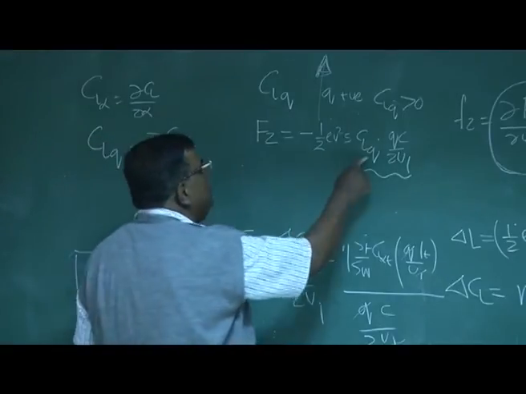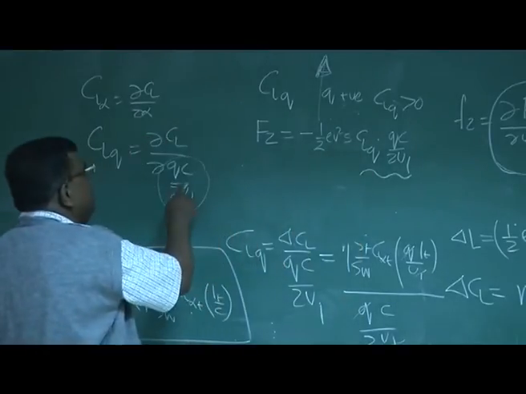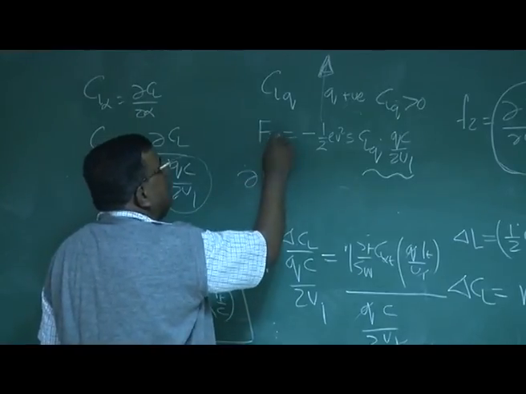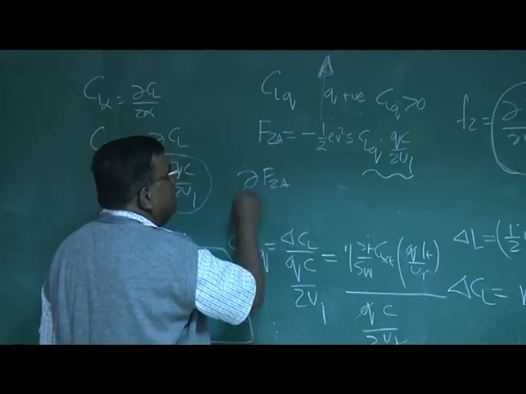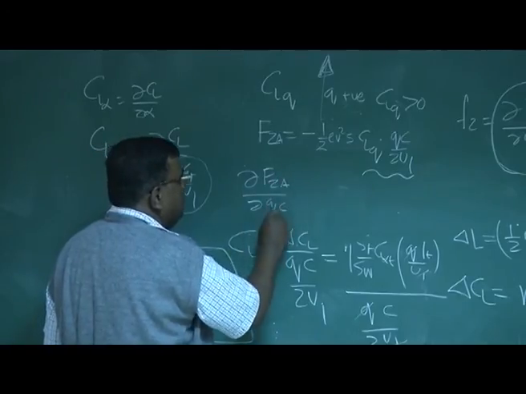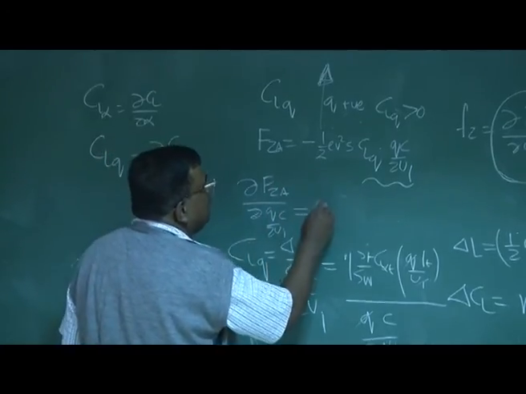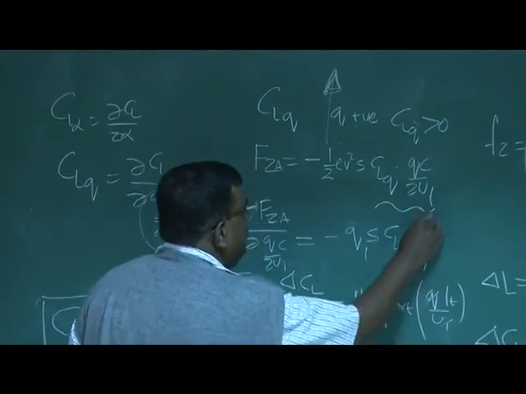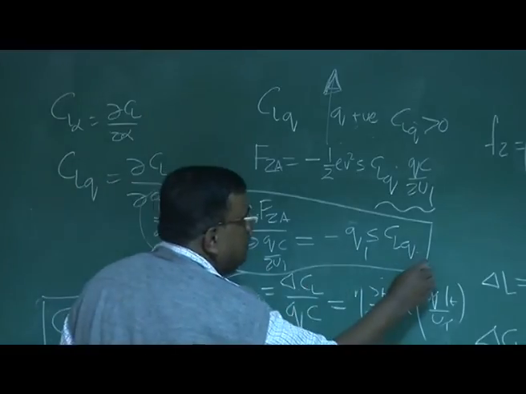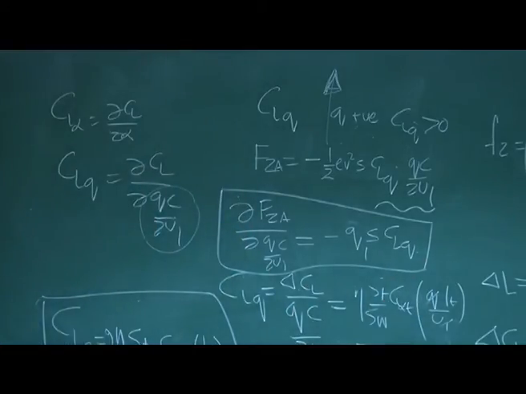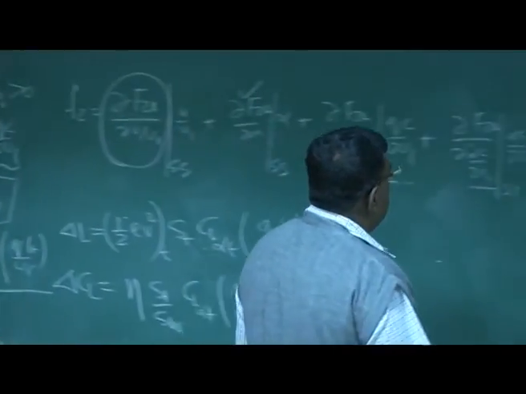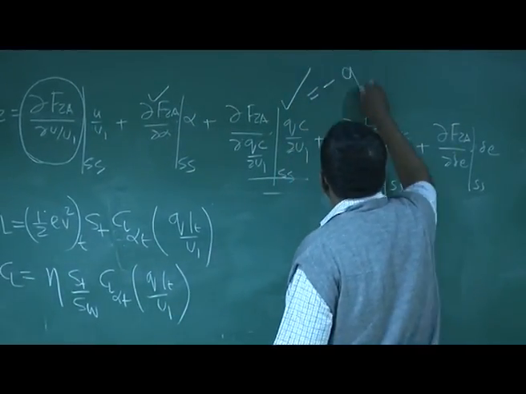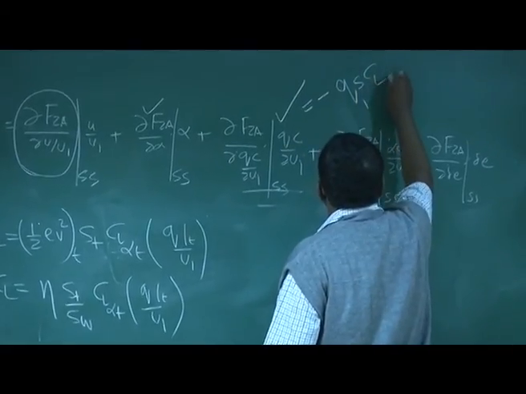When I write CLQ, that means it is dCL by d(QC by 2U1). So naturally, dFZA by d(QC by 2U1), it is simply equal to minus Q1 S CLQ. As simple as that. So this term is so straightforward. This term is equal to minus Q1 S CLQ.